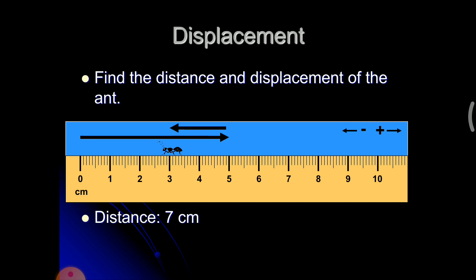The final position is 3. So 3 minus 0 is 3 centimeters. Here the plus represents the direction of the ant. Plus 5 minus 2, we get plus 3 centimeters.